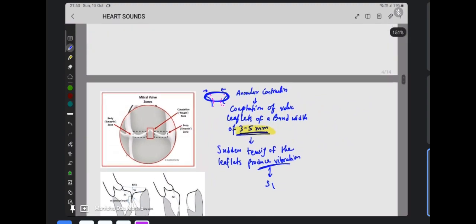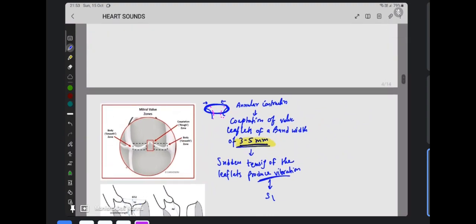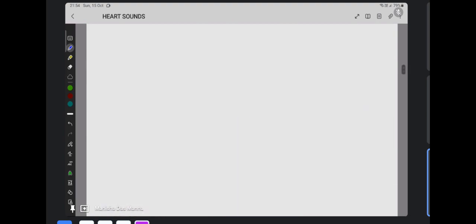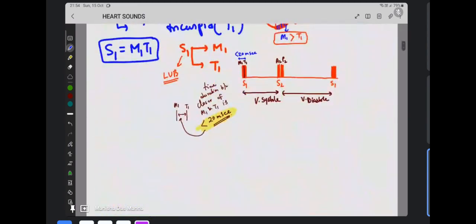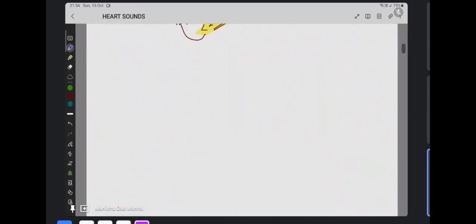The first heart sound is obviously a loud heart sound, and you have to use the diaphragm of the stethoscope to hear it. So this is about the origin of the first heart sound.